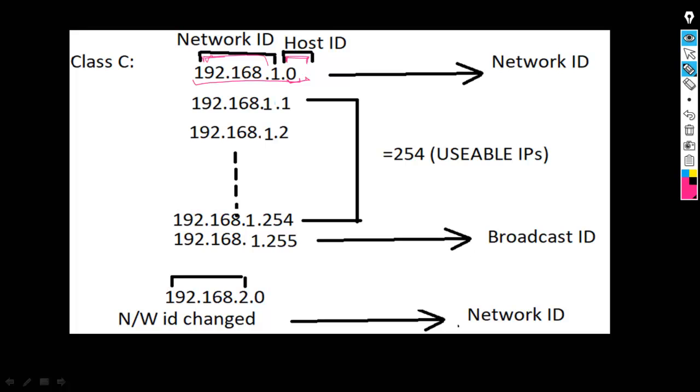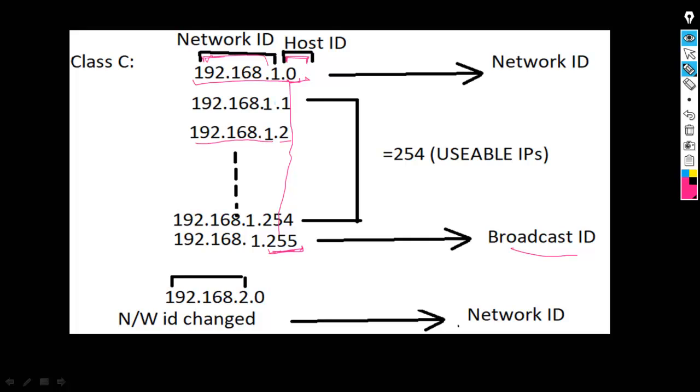As you can see here, the network ID is constant and the host ID is changing, and this value will change till 255. So the last IP of this network will be 192.168.1.255, and this last IP will be our broadcast IP.